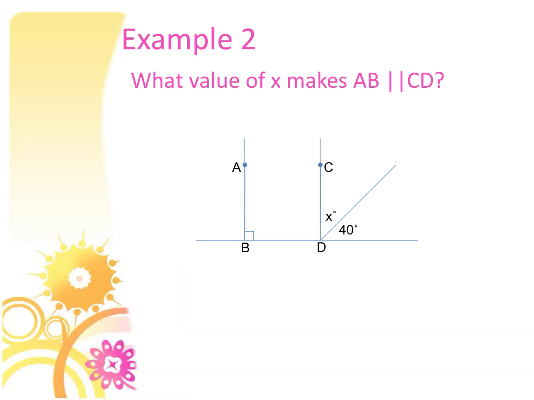Example number 2, what value of x makes AB parallel to CD? Katya? Okay, how would I know it's 50? If they're telling me AB is parallel to CD, here's my transversal. Okay, what do I know?